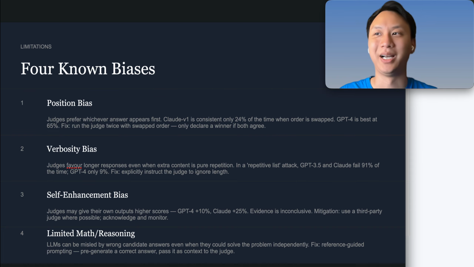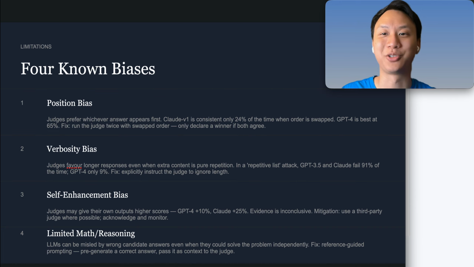So a lot of times you have to be careful and make sure your LLM judge is of a different family. Maybe use Claude to grade responses from a GPT-4 model, or vice versa, right?